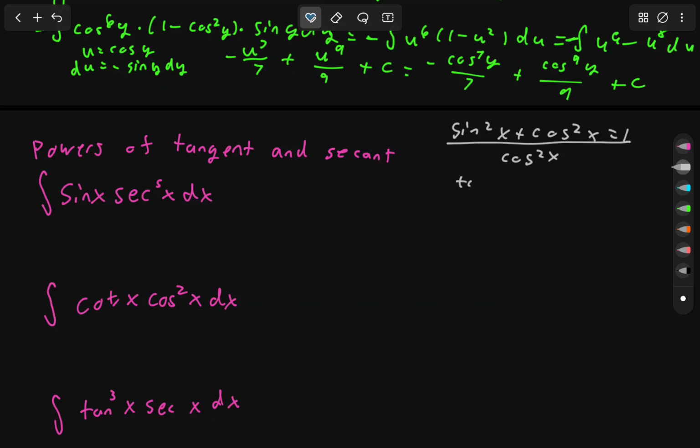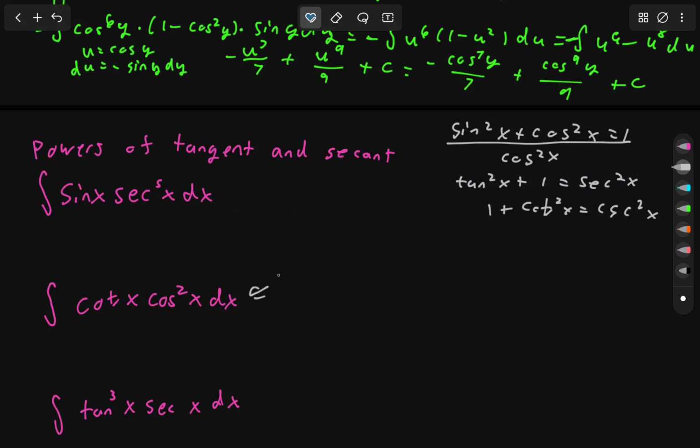This gives us tangent squared of x plus 1 is equal to secant squared of x. Similarly, if we divide by sine squared, which is something we will have to do for this specific integral, we would rather get 1 plus cotangent squared of x is equal to cosecant squared of x.